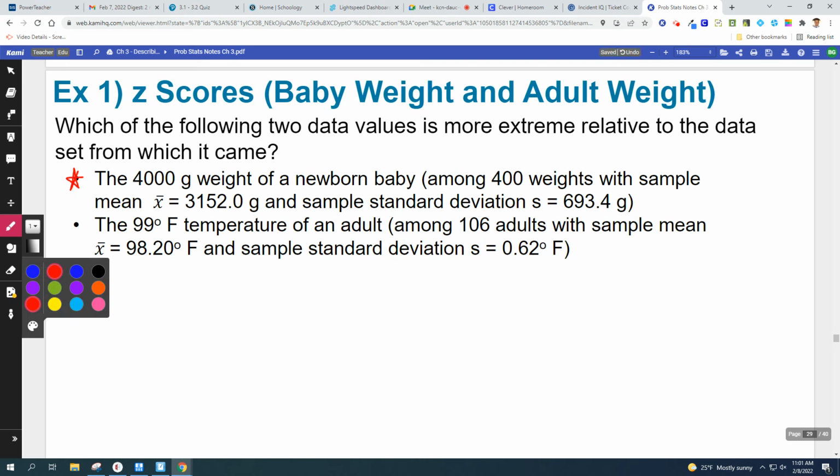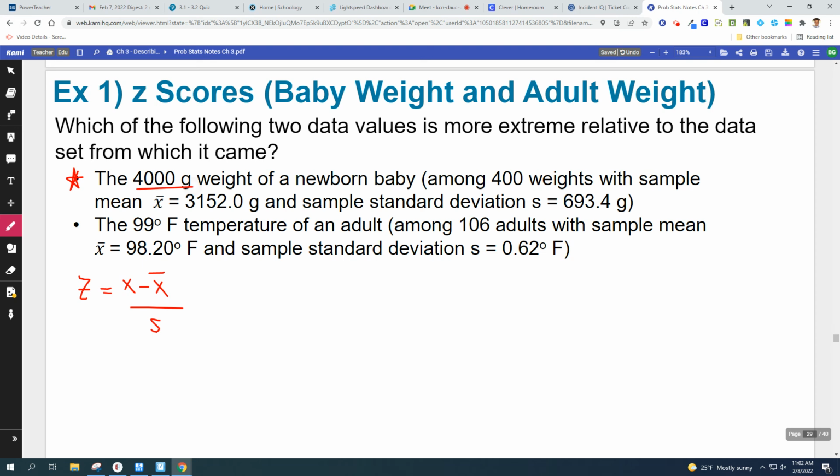The 4,000 gram weight of a newborn baby among 400 weights, with sample mean x bar equals 3152 grams and sample standard deviation s equals 693.4 grams. Go back and think about the formula for z-score: z equals x minus x bar over standard deviation. It's just a straightforward application of that.